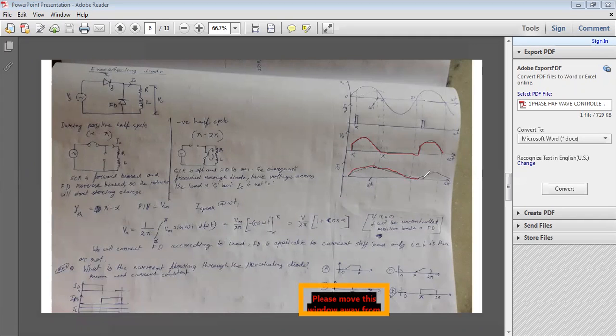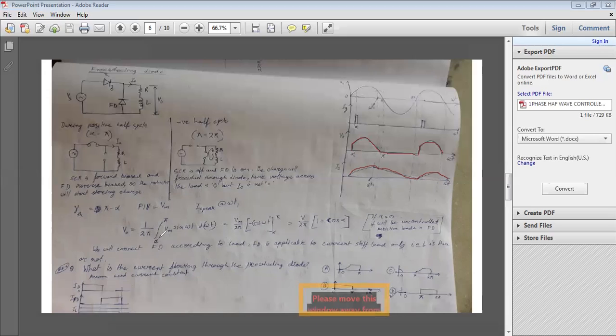Again from 2 pi plus alpha it will come into conduction. So continuous conduction is available due to this freewheeling diode. This is actually the advantage of the freewheeling diode over the normal diode.